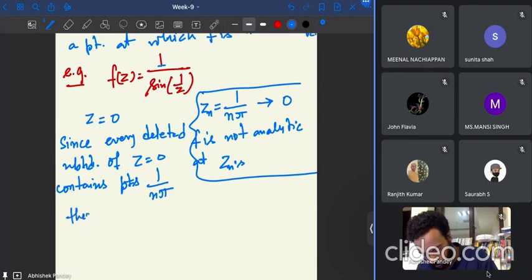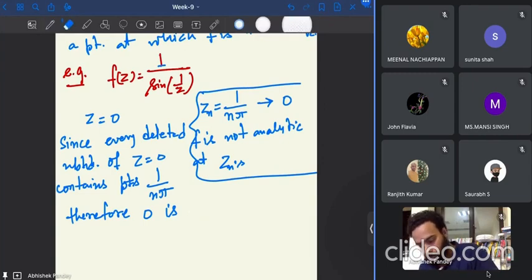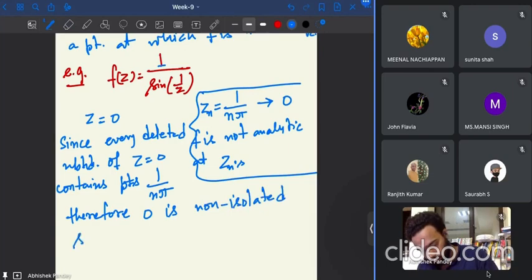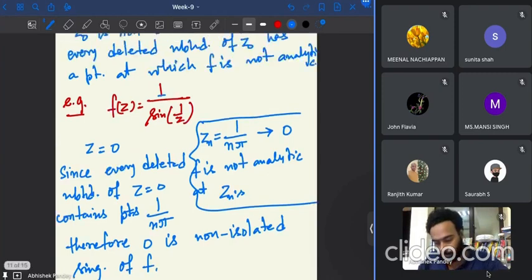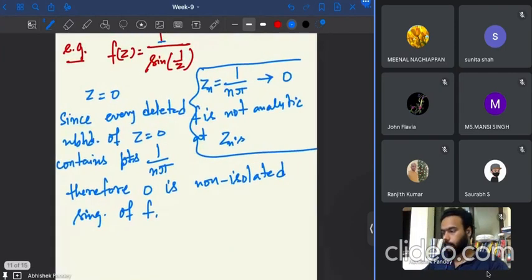Therefore 0 is a non-isolated singularity of f. Okay, so is it clear? So we'll move ahead.